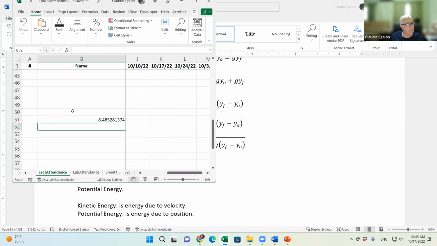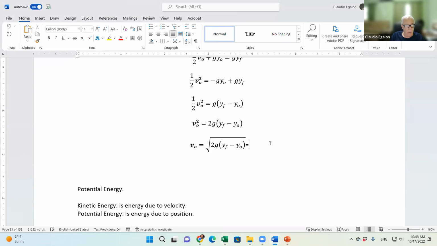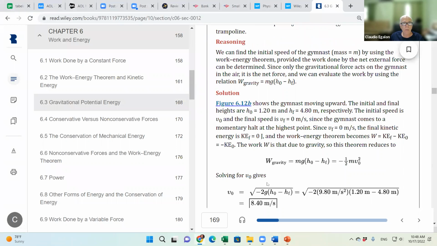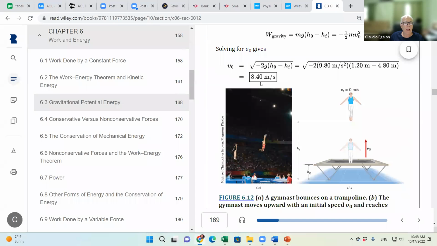Close parentheses, and I'm getting 8.48. 8.48 meters per second. Is that what we have in the book? I got 8.48. Well, he's getting 8.40.